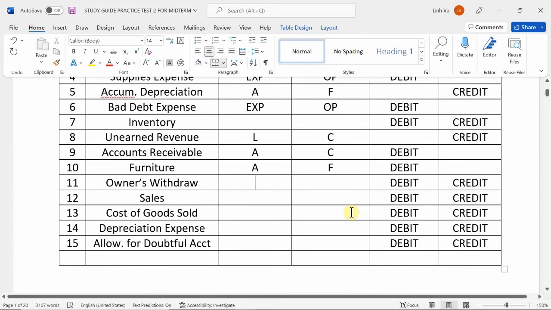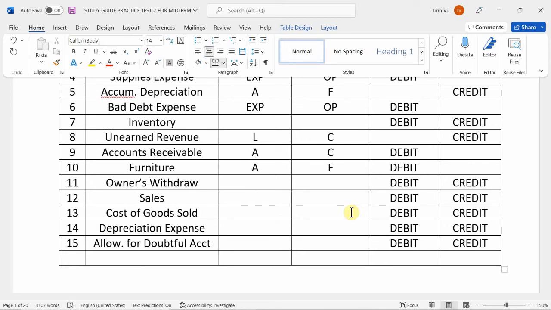So in this case, taking money away from the company is going to result in an owner's equity, because you either invest your own money or you take out your own money, especially when you're a sole proprietor, right? You own that money that you put into your company. So therefore, you have every right to take the money out from your company. So in this case, it's going to be an owner's equity, and it's going to have no categories.